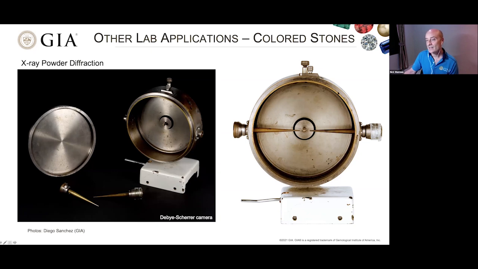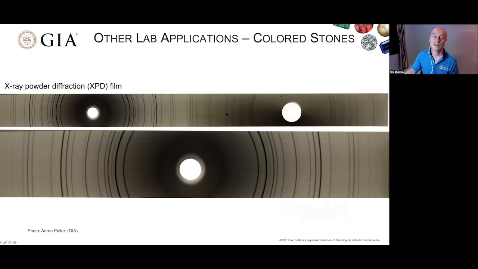It has an inner area where the sample is set up in the center. It has to be set up as a very fine spindle. The X-rays pass through the collimator and into the powder within the spindle. So we have to take the powder sample from a mineral, and then the results are collected on film like this.